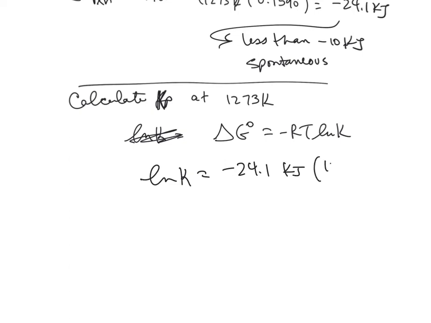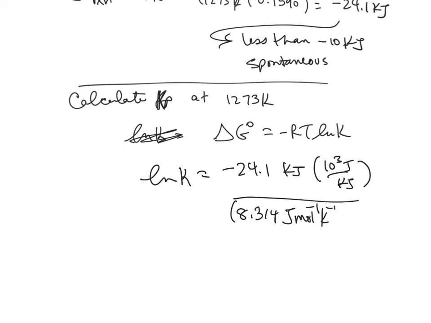We're going to go to joules here, 10 to the 3rd joules per kilojoule, and that's because we're using R, 8.314 joules per mole per Kelvin, and multiplying it times 1273 Kelvin.